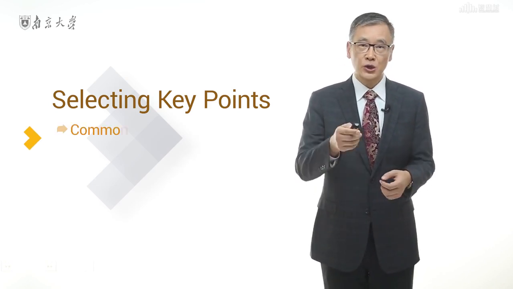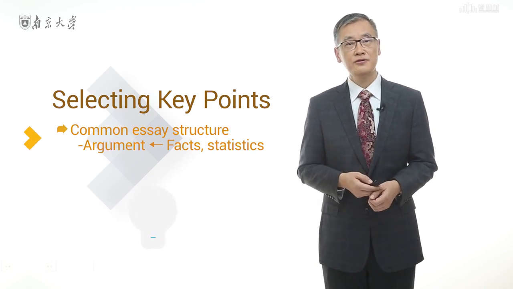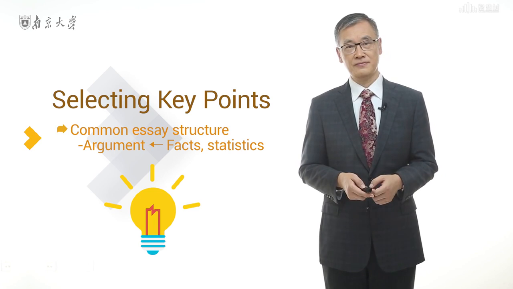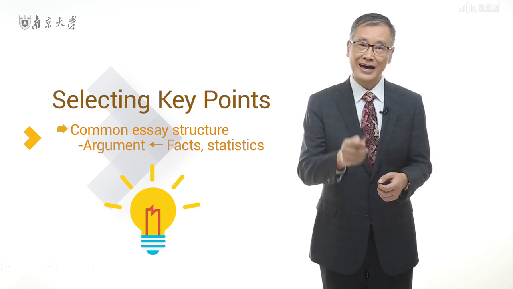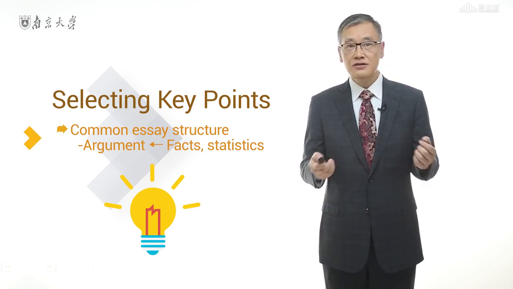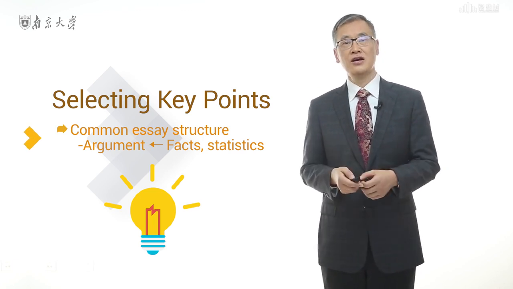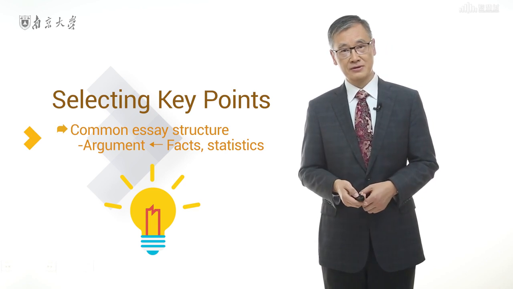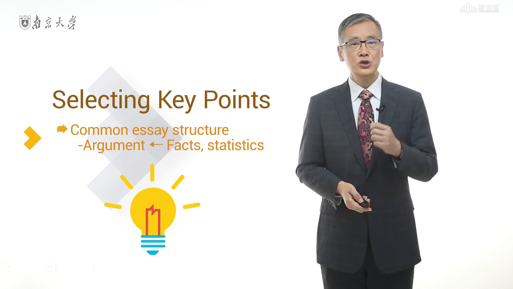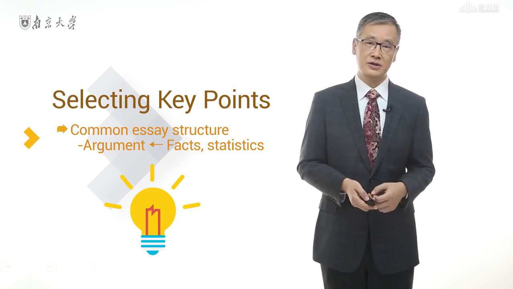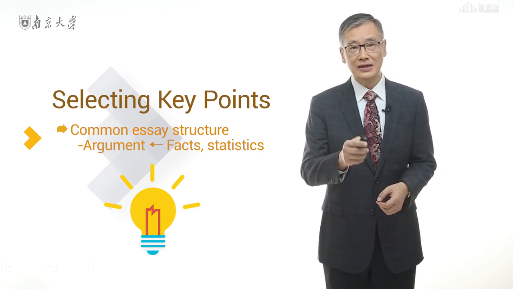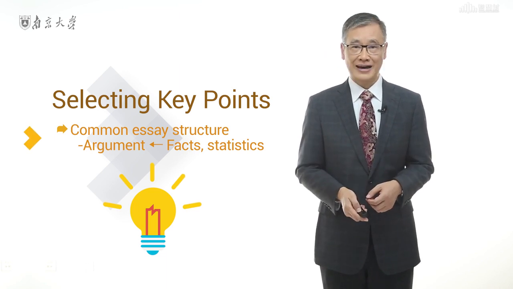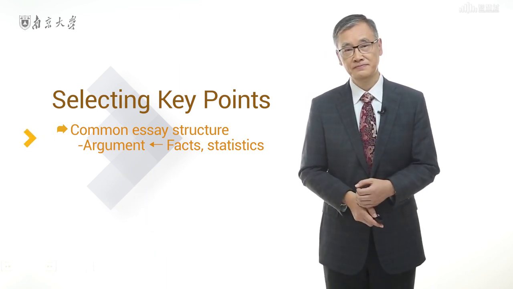We know that in order to prove a point, authors will normally provide a series of reasons. These reasons may be facts or statistics, theories or testimonies from authorities. In the reasoning process, some of the materials are used to support the main argument, while others are simply details or examples that contribute to the facts or theories.